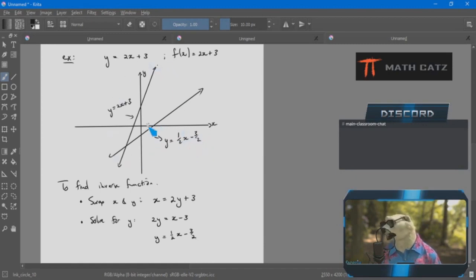So graphically, the relationship between these, by the swapping action that we've done, is we've created the mirror image in the line y equals x. Y equals x. So apart from the function relationship between the two, which we'll get to in a second, graphically, we've created this mirror image. Okay? So I want to keep the graphical relationship of these two in mind as well.